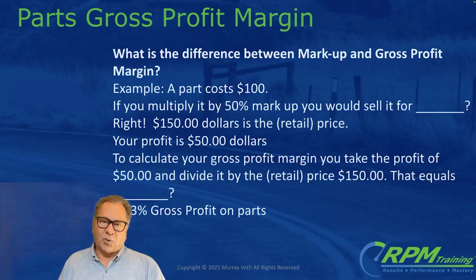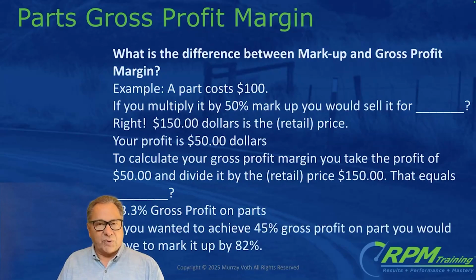So it's really important that we aim for between 45 and 50 gross profit margin. And so what we want to do is learn how to use our software programs to calculate margin. Make sure that whatever brand of software you use is set to margin and not set to markup, because that's going to be a mistake.